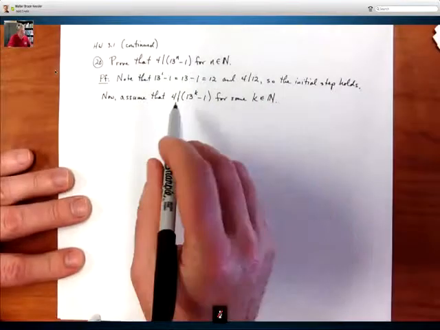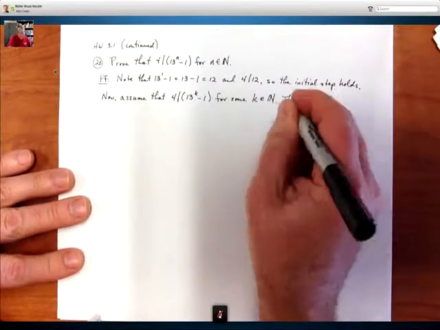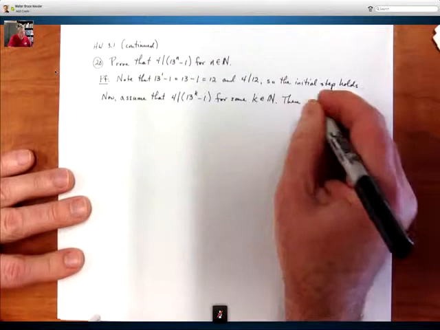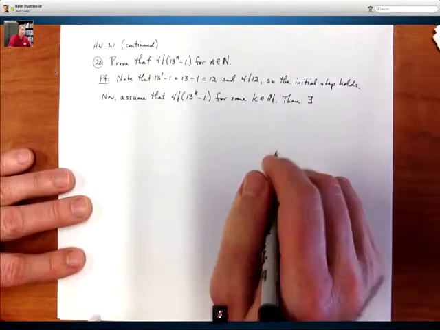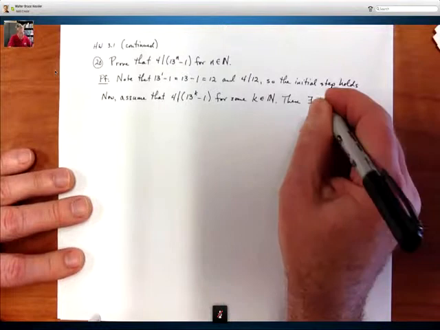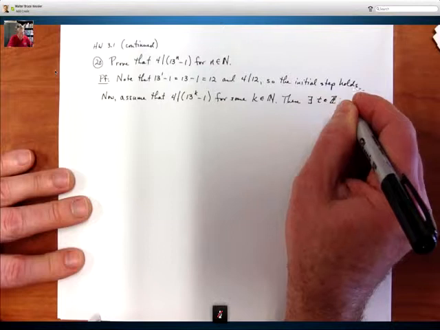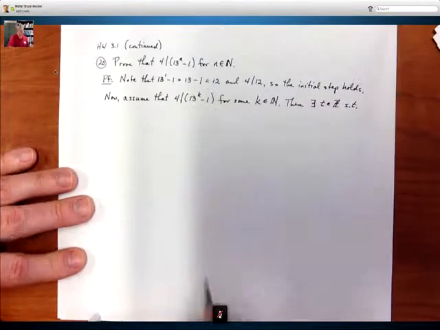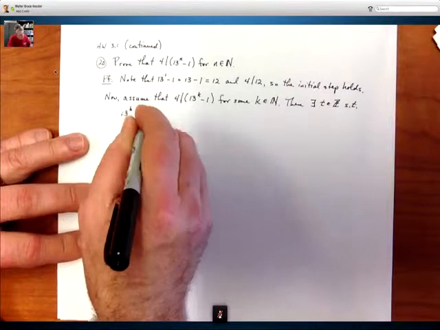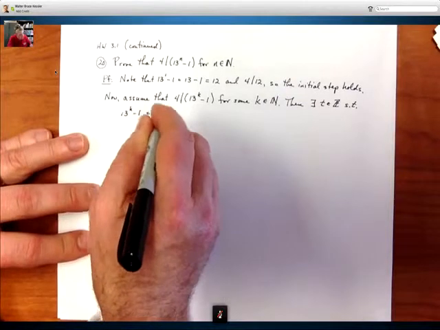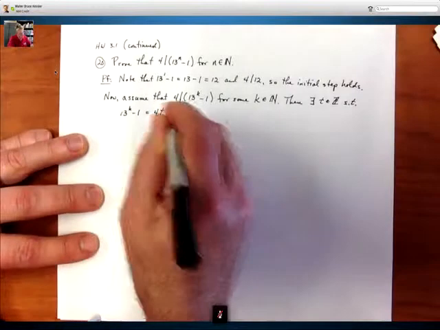Okay. Now we have to discuss what this means to us. Thus, there exists some integer, T, such that 13 to the k minus 1 is 4 times this t.